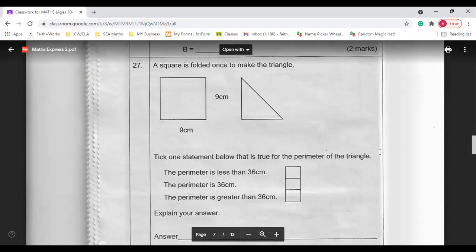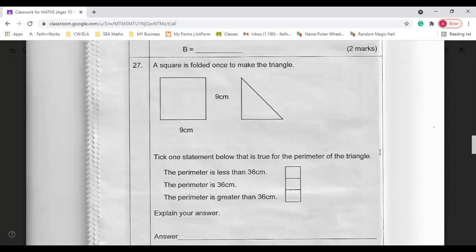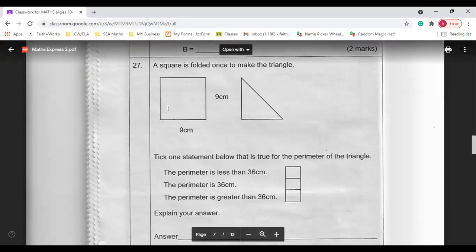Okay, so this one reads, a square is folded once to make a triangle. Pick one statement below that is true for the perimeter of the triangle. So we know that perimeter is a distance around a shape. All right. So we're going to assume, well, we know this side is going to be 9.